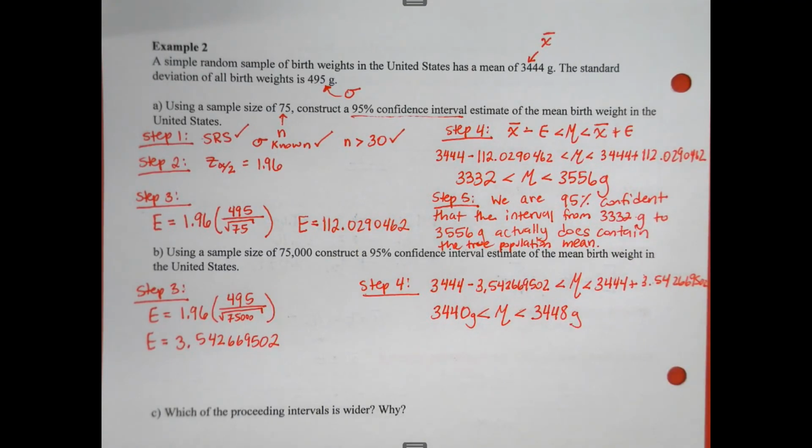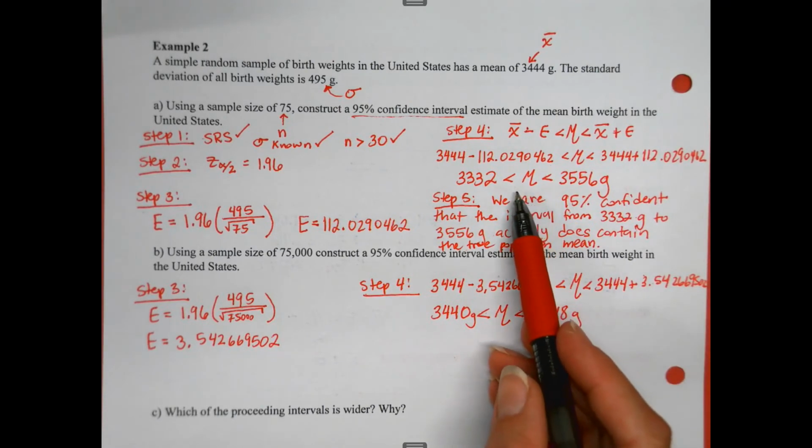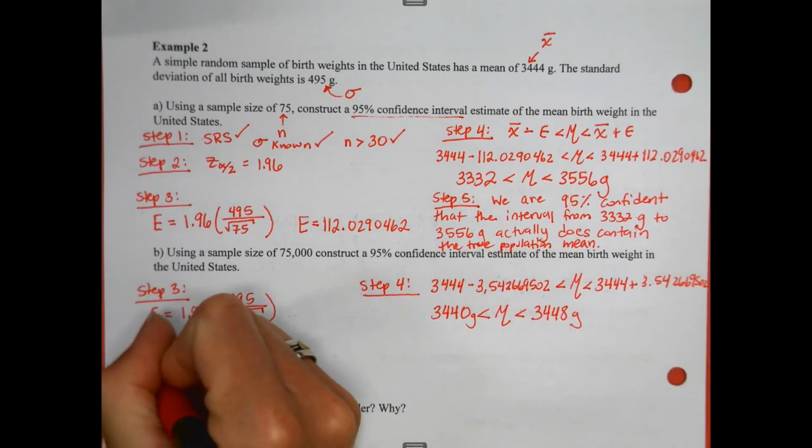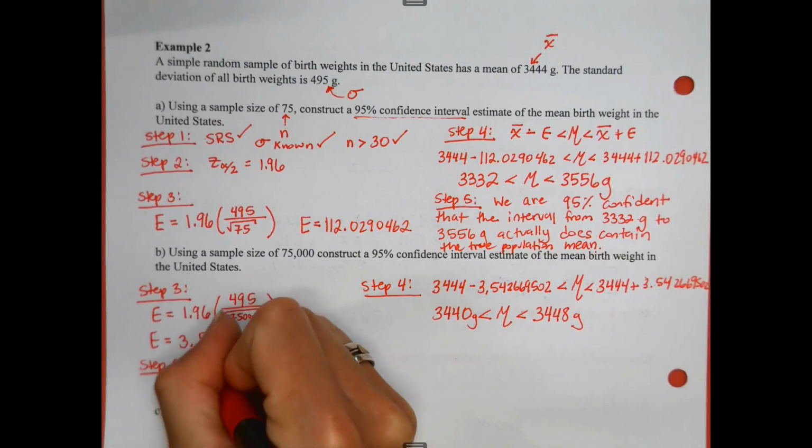Therefore, our confidence interval is 3,440 to 3,448. This interval is much smaller than the one that we got in the previous problem. State our findings.